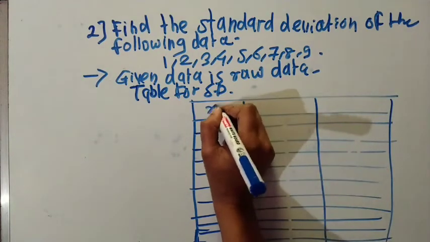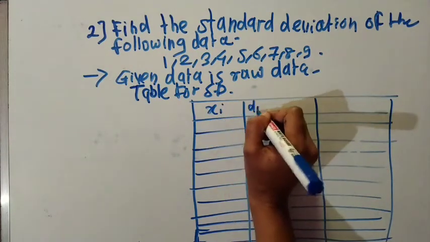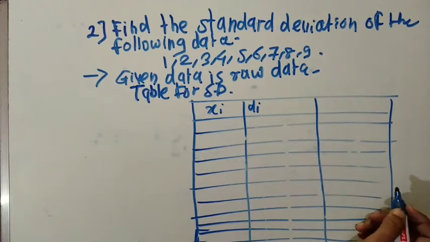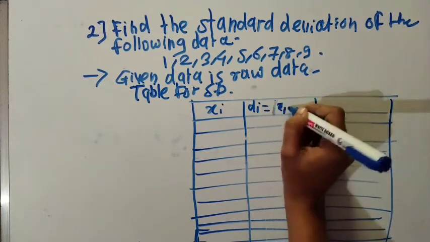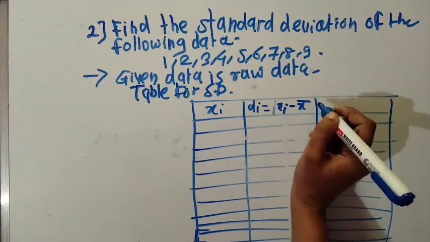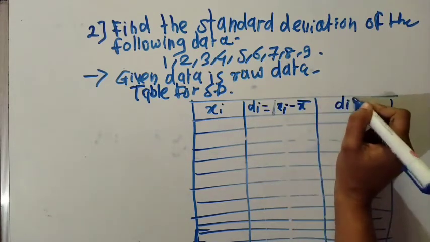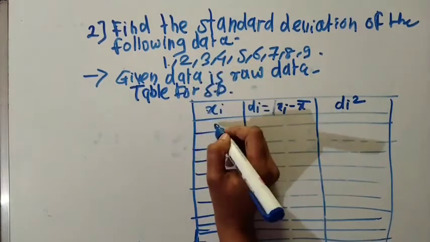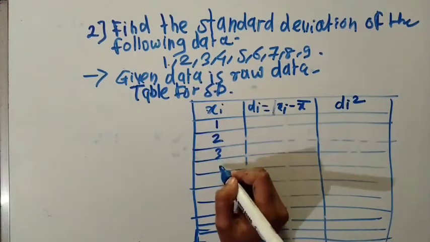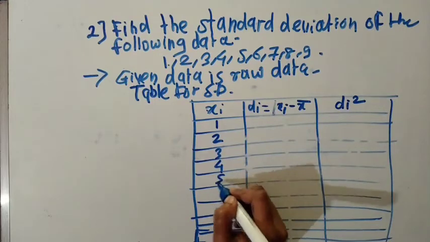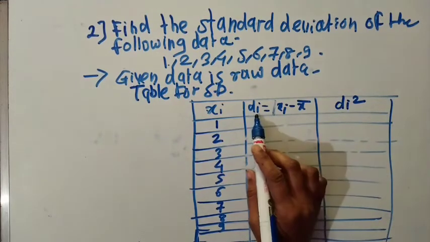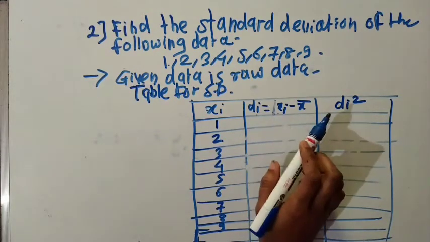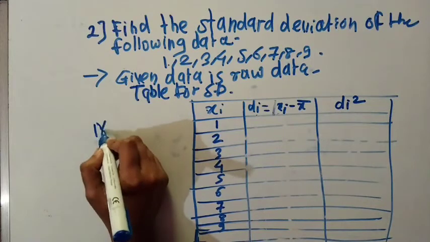First xi, then find di, the mod of di is equal to xi minus x bar, then di square. xi is 1, 2, 3, 4, 5, 6, 7, 8 and 9. Then first find di, xi minus x bar.